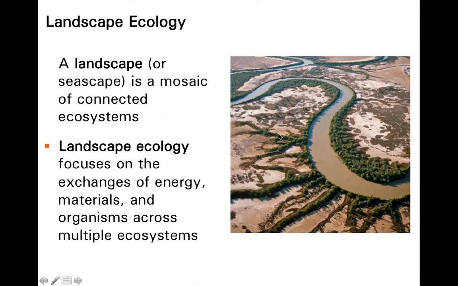And you can see that you have the hint of water courses flowing as tributaries into this main channel here from the vegetation that's on there. So landscape ecologists look at how all of these different ecosystems function together.